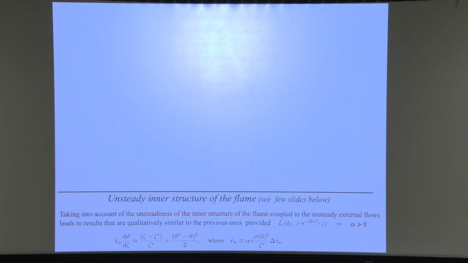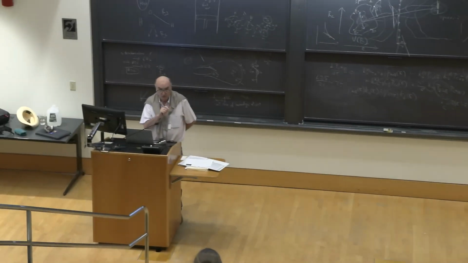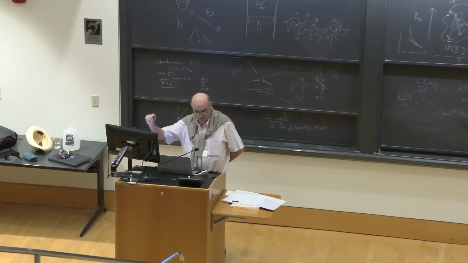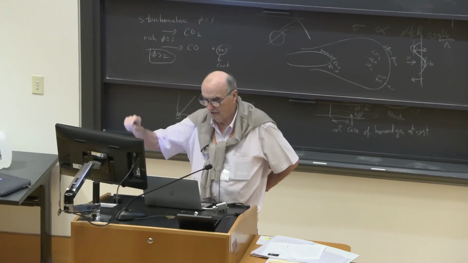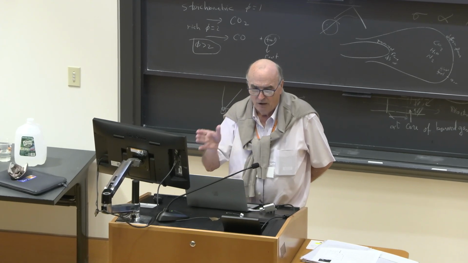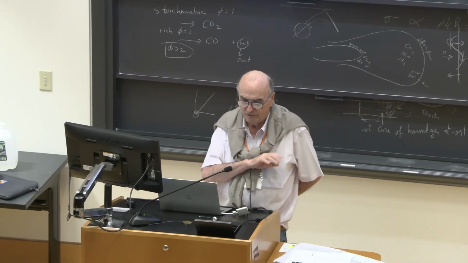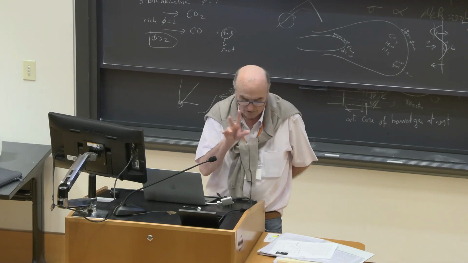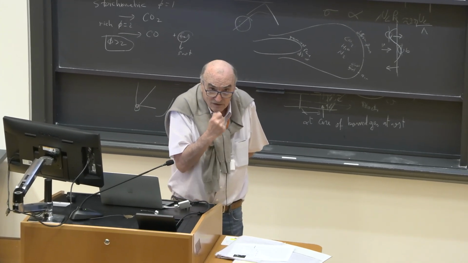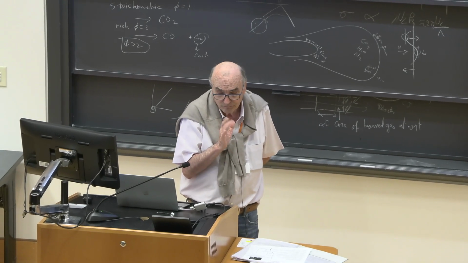Now, something was missing in my analysis. I did not take into account the modification of the inner flame structure for the moment. I just took into account the unsteady compressible effect in front of the flame and the unsteady effect in the burnt gas, but I did not take into account the unsteady effect inside the flame for the moment.